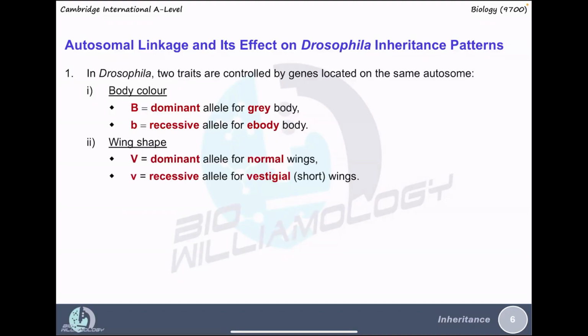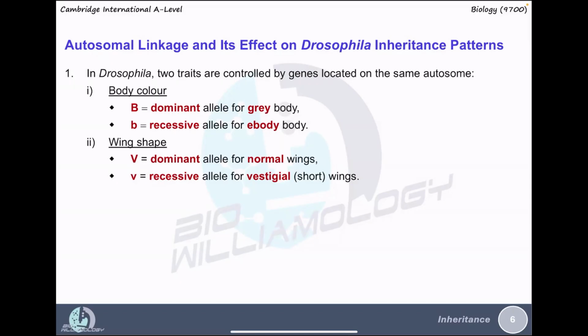Wing shape: dominant allele V codes for normal, longer wings, and recessive allele v codes for vestigial or short wings. By the way, when we choose a letter, we try to avoid letters that look almost the same when written in capital and lowercase. Why did I choose V in this case?